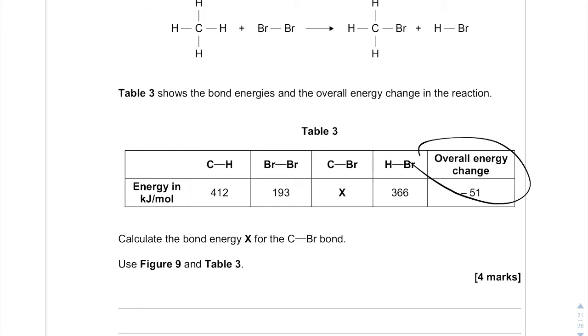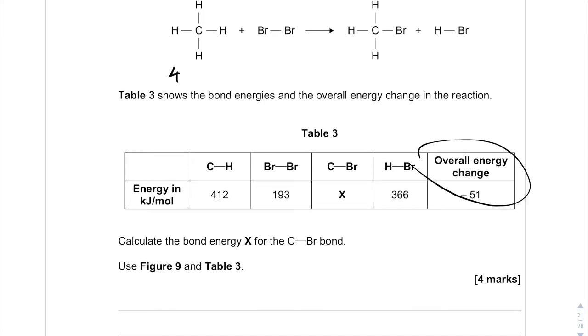And of course you have to consider the overall energy. So on the left, we have methane, which is 4 CH bonds, which is 4 lots of 412, and a Br-Br bond, which is 1 lot of 193. So that's simple. On the right-hand side, we have 3 lots of 412, 1 lot of X, which is C-Br, and finally we have 1 lot of 366 in the H-Br bond.